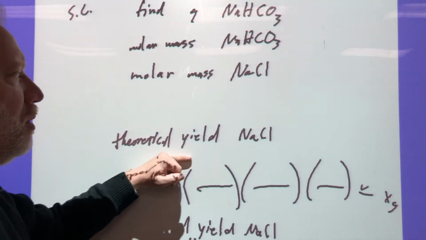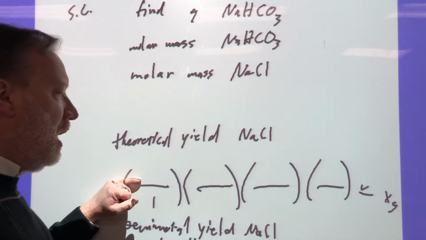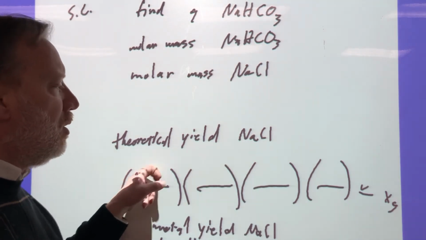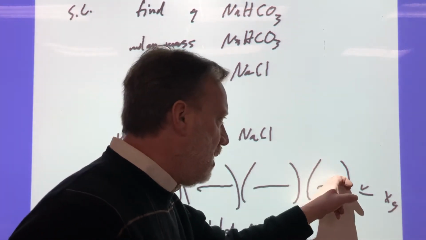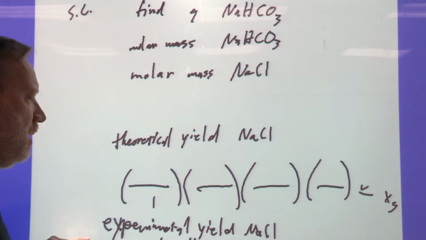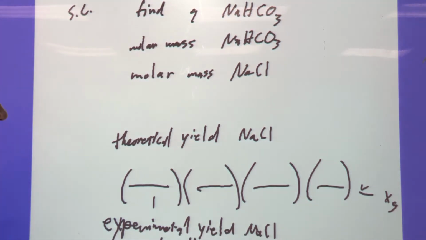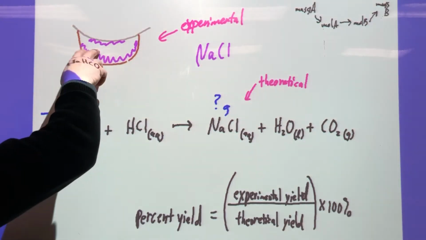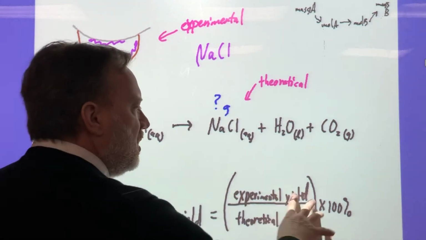Your theoretical yield of sodium chloride, that's your grams sodium bicarbonate over 1, converted to moles sodium bicarbonate, converted to moles sodium chloride, converted to grams sodium chloride. Your experimental yield is what you get by subtracting this from the empties. And then your last calculation is percent yield.